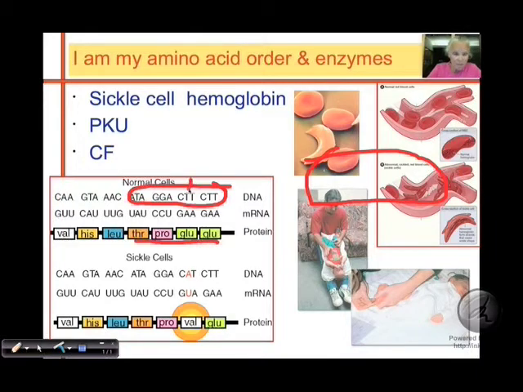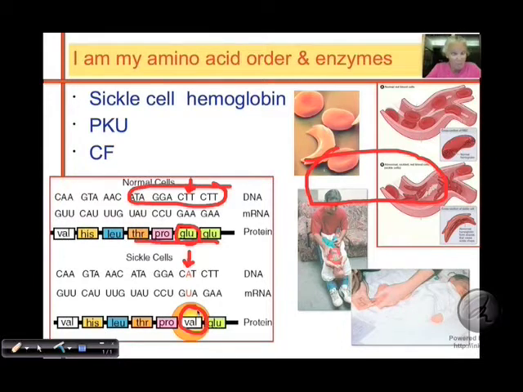If one letter were to change, say this T to an A, that would cause a different amino acid, from glutamine to valine, to get placed in the hemoglobin protein. And I would no longer have normal hemoglobin. I would have sickle cell hemoglobin.